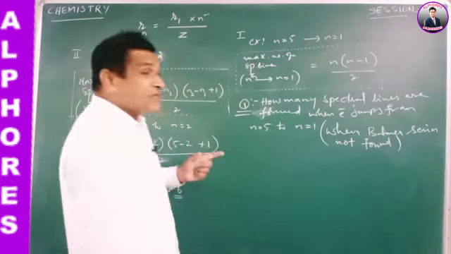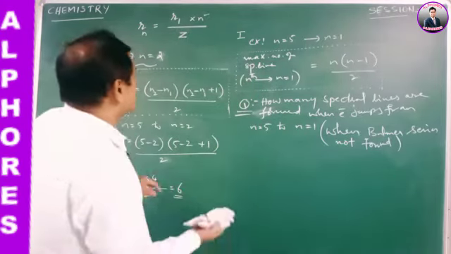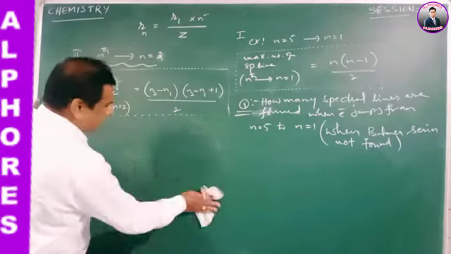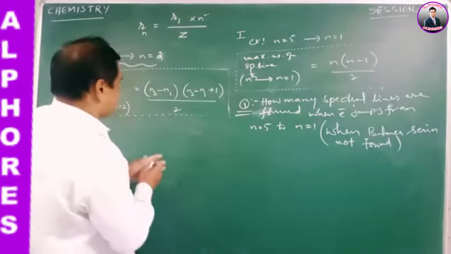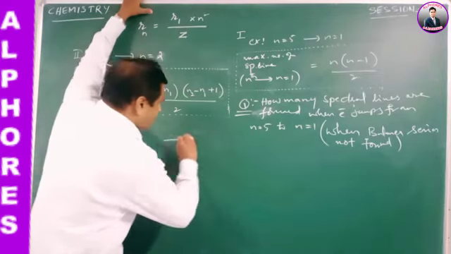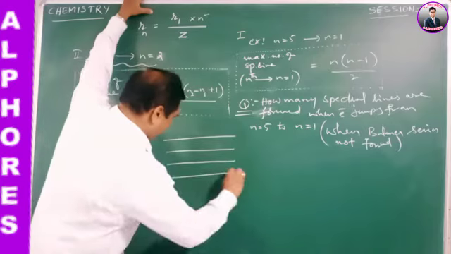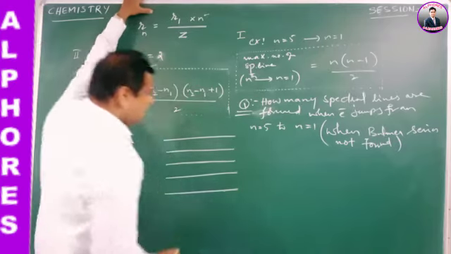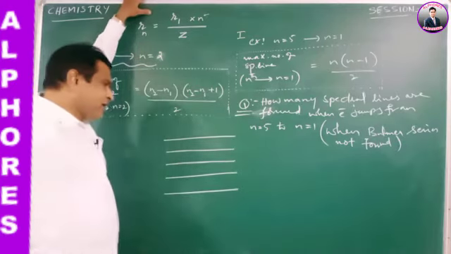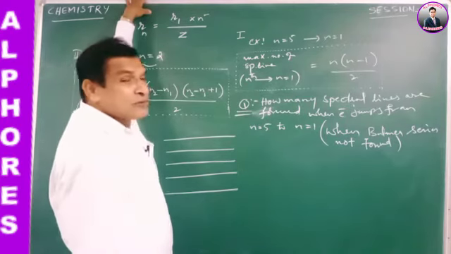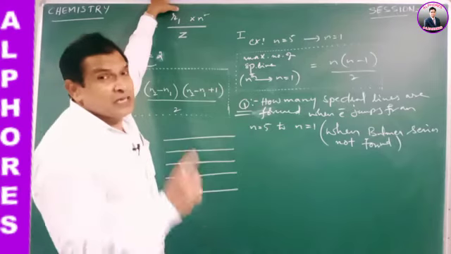Based on the concept of the given question, what is the answer? Let us take the 5th orbit to the 1st orbit. But the Balmer series is not found, which means we should neglect the 2nd orbit.